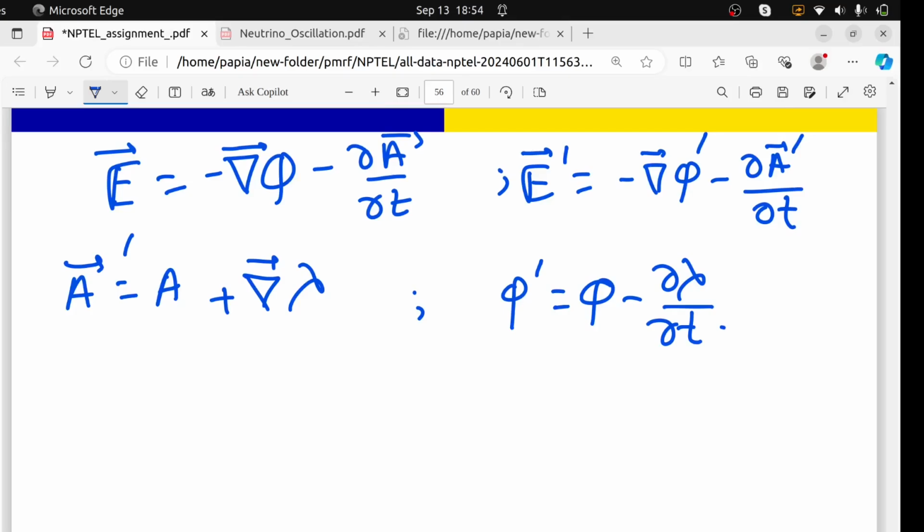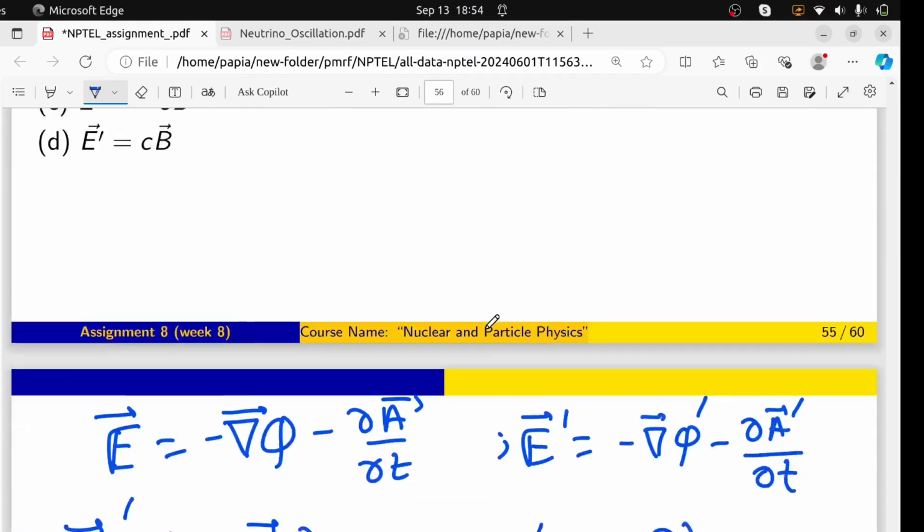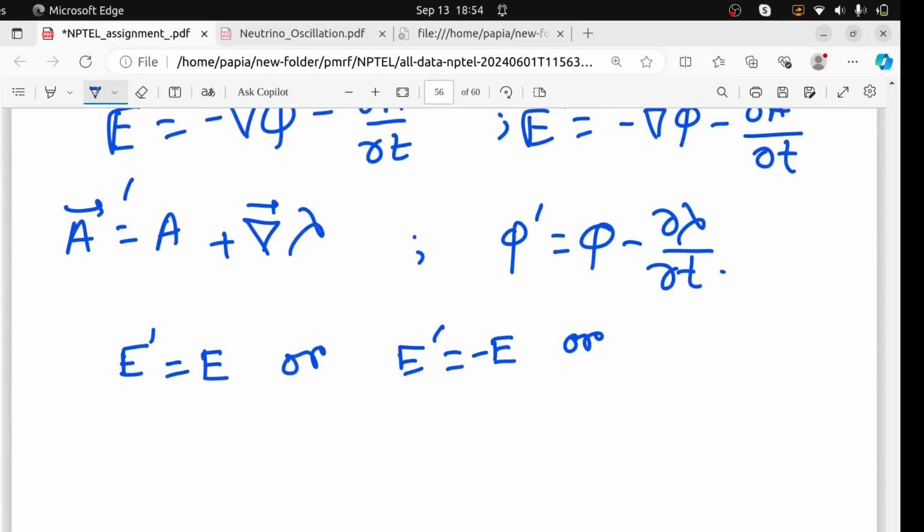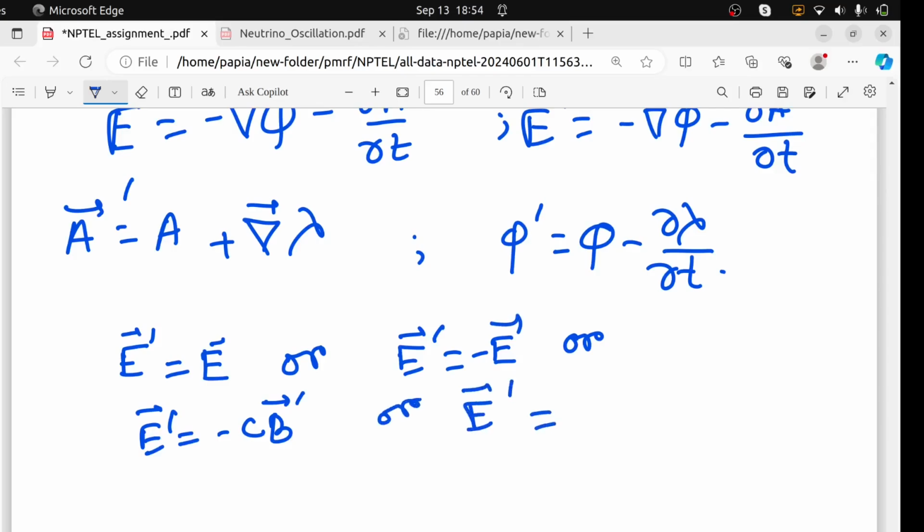Now they are asking which one will be the correct option. Which one will be the correct option means E prime is equals to E, or E prime is equals to minus E, or the second option is E prime is minus CB, or E prime is CB prime.